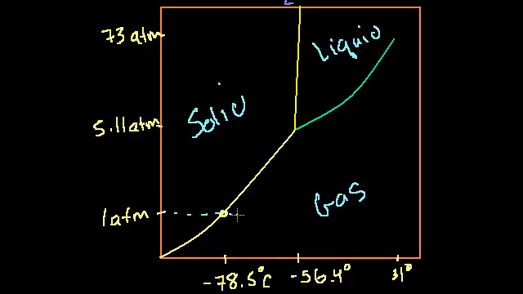So at 1 atmosphere, let's say you live at sea level, let's say you're in New Orleans, I guess it's a little bit below sea level. That's where I grew up. If you were able to get your fridge down to minus 80 degrees Celsius, the carbon dioxide would actually freeze. And you're actually not too unfamiliar with that, or at least you haven't been if you've gone to some events.